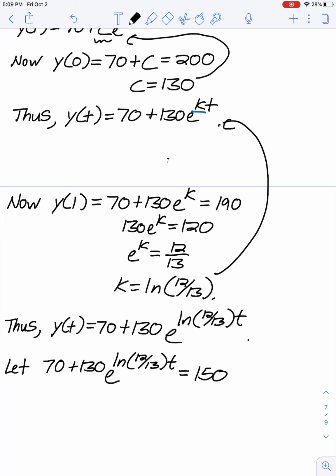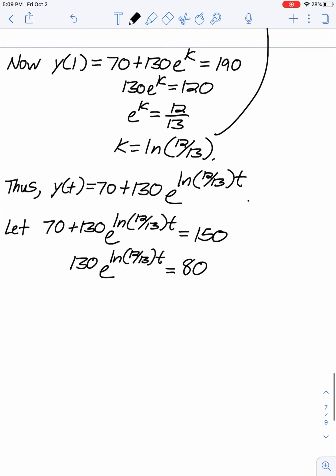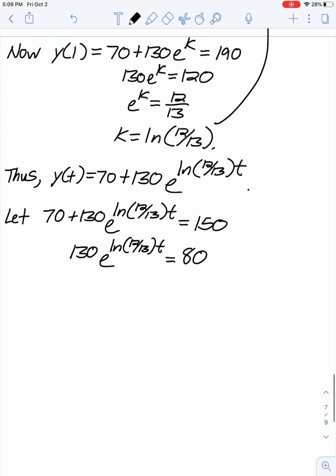Now to solve for t, I could first subtract 70 from both sides. And I would have 150 minus 70, which leaves me with 80. And then I can divide through by 130, which would give me e to the natural log of 12/13 t is 80 over 130, or 8 over 13.